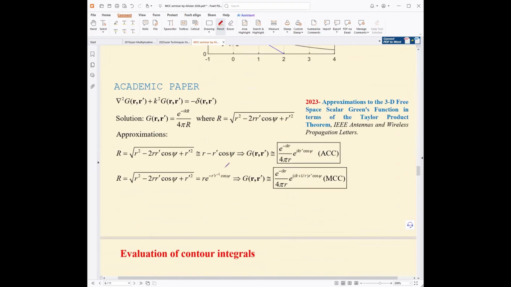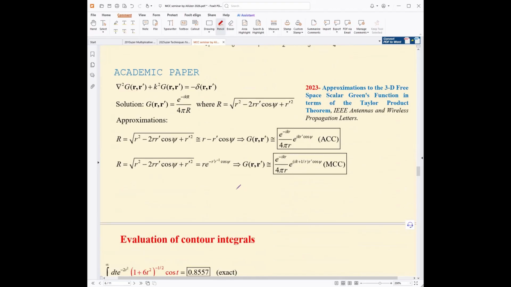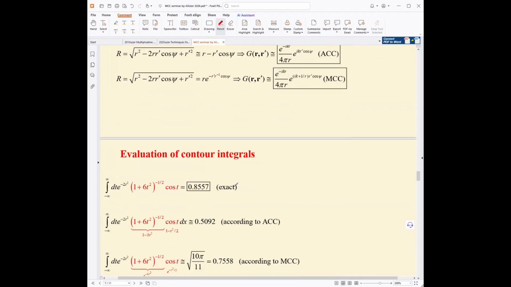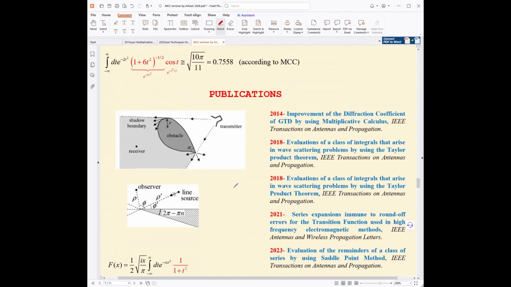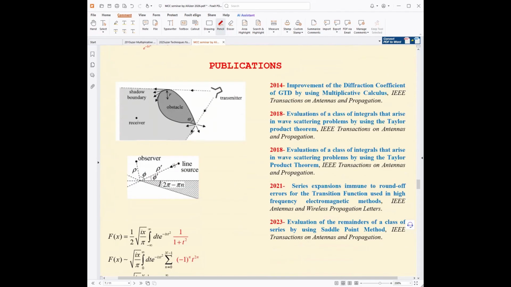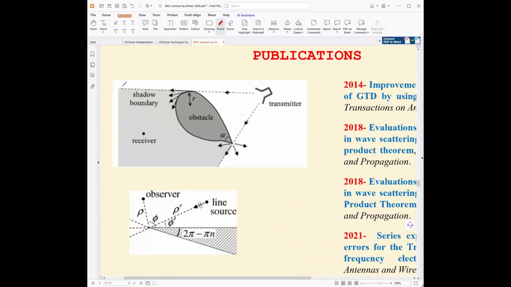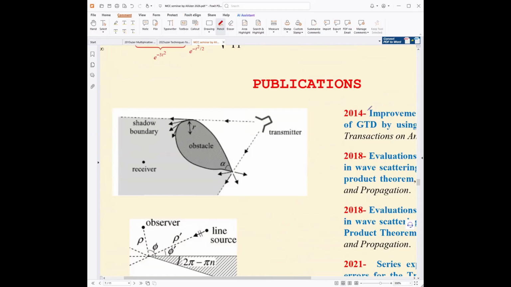I think we are coming to the end of the time. Let me mention some papers, some publications. It was applied to electromagnetic wave scattering problems. In 2014, the multiplicative calculus principle was applied when calculating the electromagnetic waves that are reflected or diffracted.